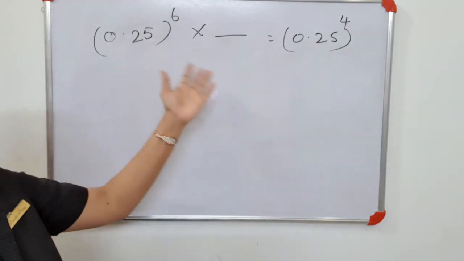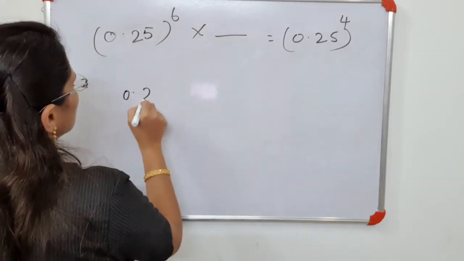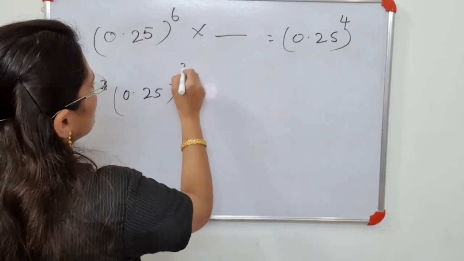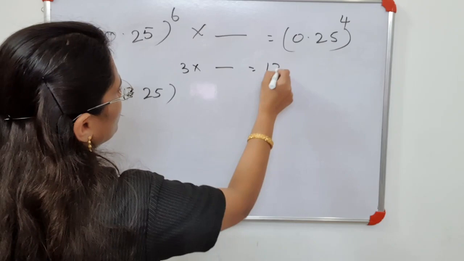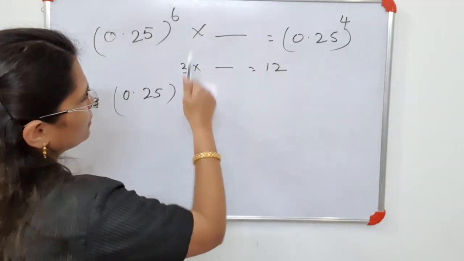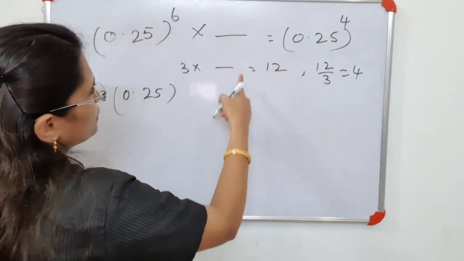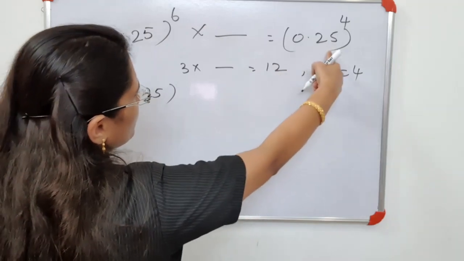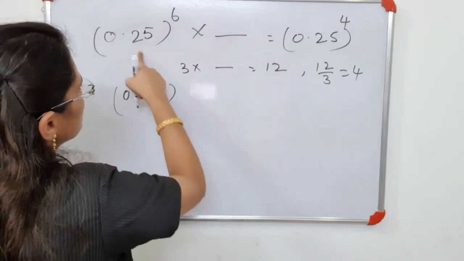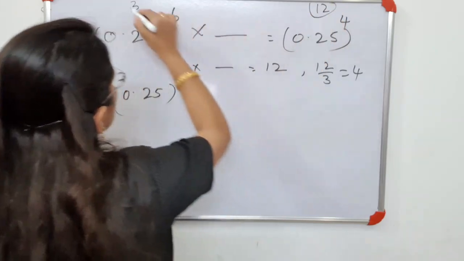We have explained already a question like this, right? So here, suppose 3 into dash is equal to 12. So how can you find out this number? 12 divided by 3 is equal to 4, right? So likewise here, 0.25 whole raised to 4 divided by this. Suppose this is 3, this is 12.